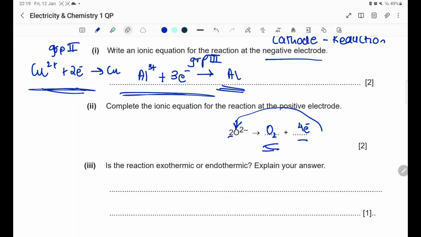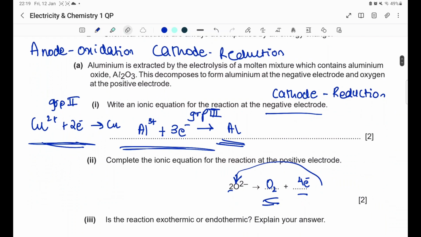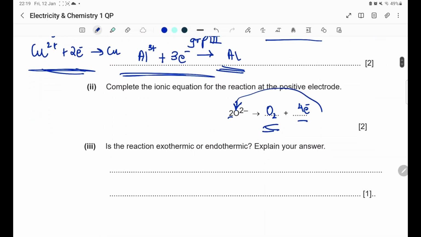Is the reaction endothermic or exothermic? Let's see. This decomposes. Always remember that a decomposition reaction is always endothermic. This I have discussed in the chemical energetics video.